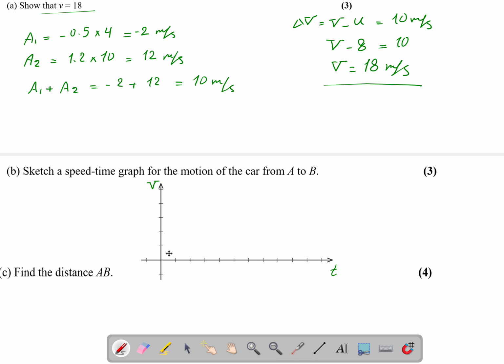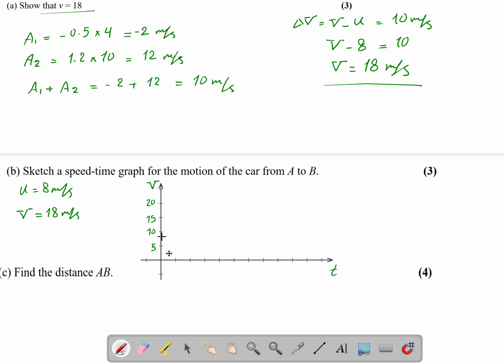Okay, what we have is 8 meters per second initial velocity, u equals 8 meters per second, and final velocity equals 18 meters per second. So when time equals 0, we have, let's say this one is 5, 10, 15, 20.